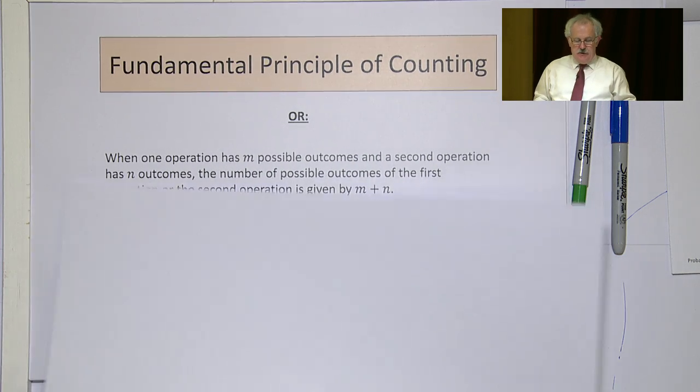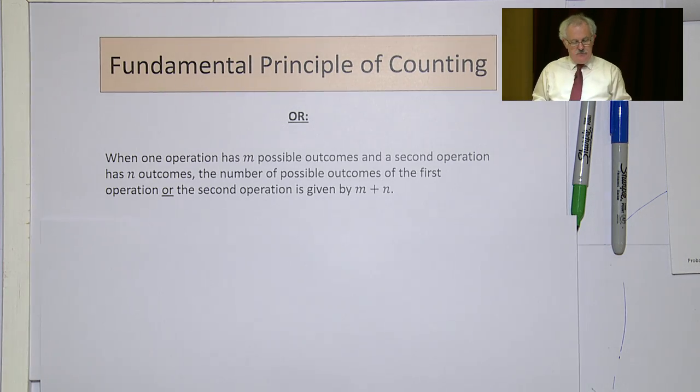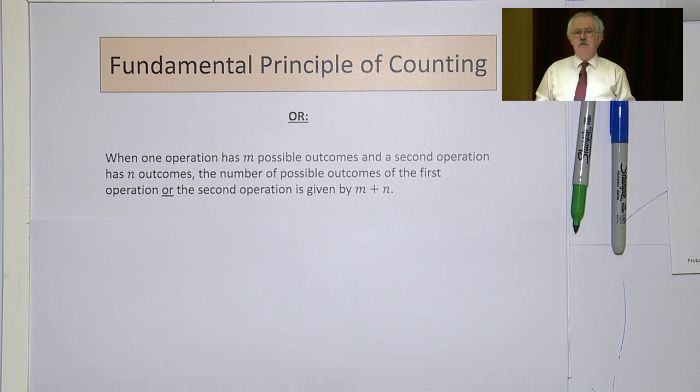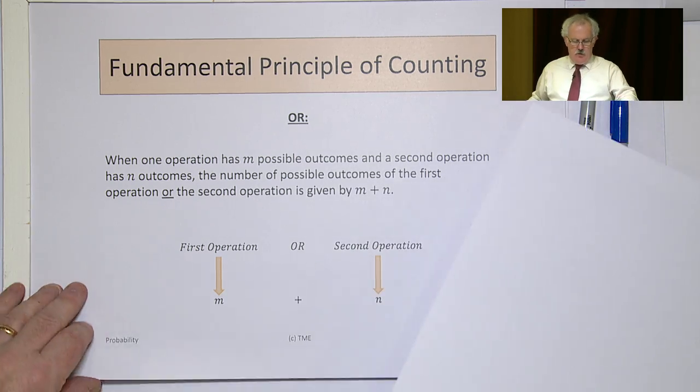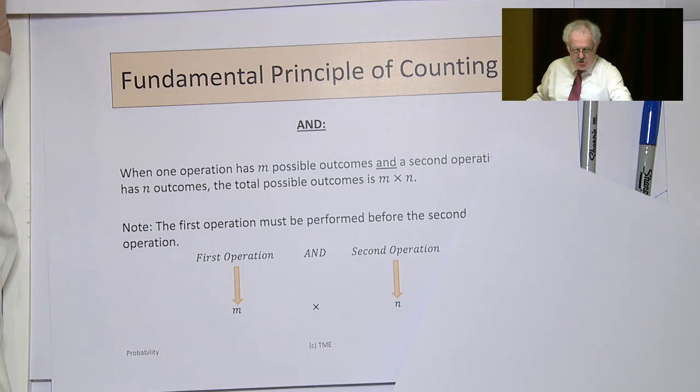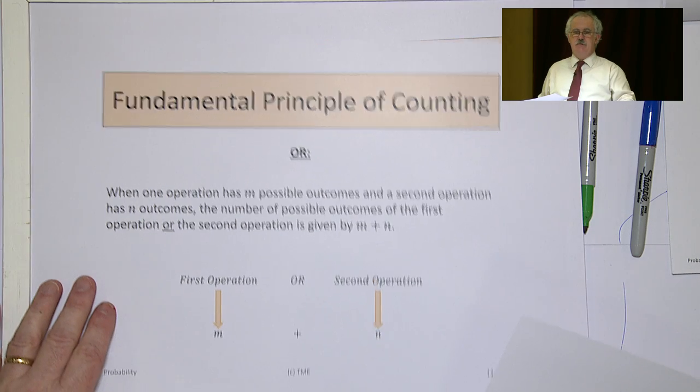There's also a principle called the OR principle, and it says when one operation has m possible outcomes and a second operation has n outcomes, the number of possible outcomes of the first operation or the second is given by m plus n. So, do you use multiplication or do you use addition?